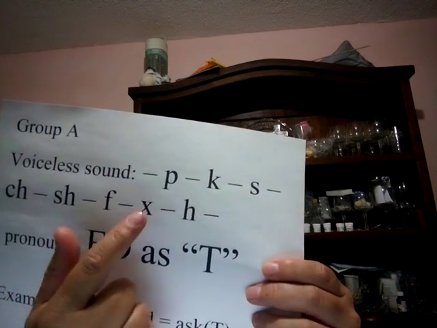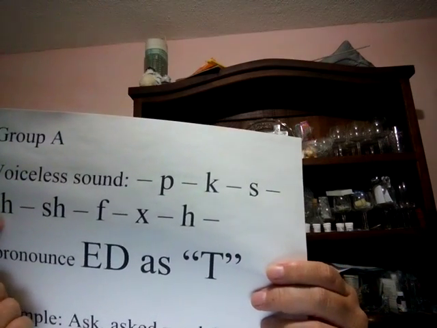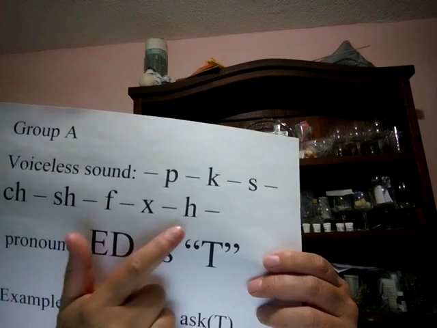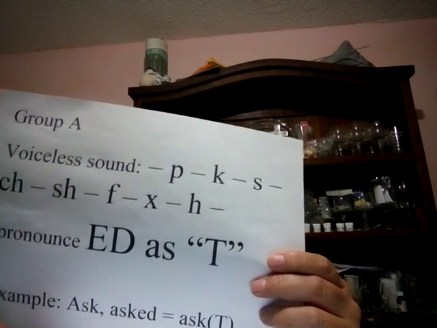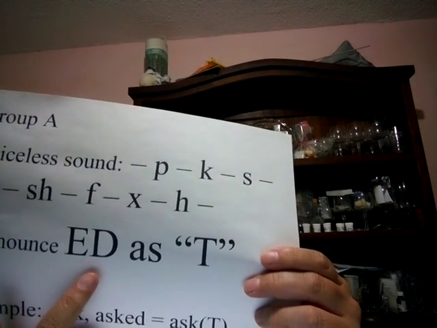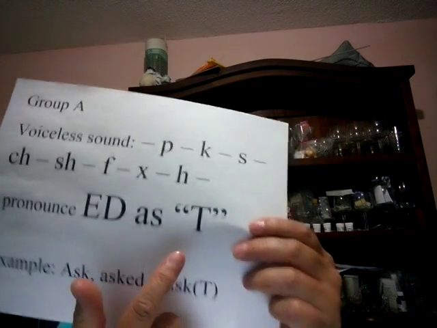Verbs with letters P, K, S, H, F, X. All these verbs, when I add ed, we pronounce ed as T.